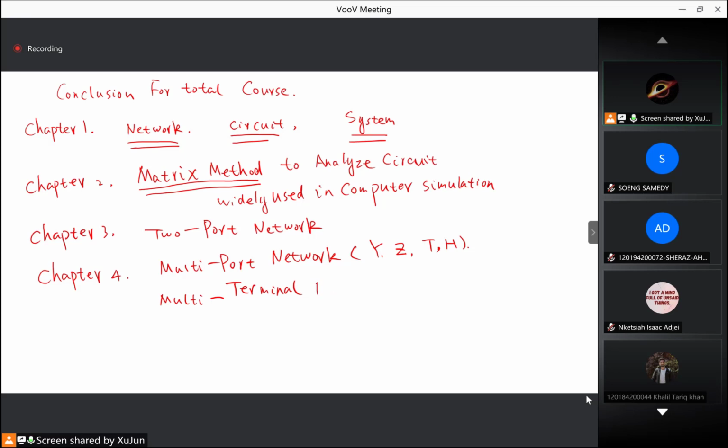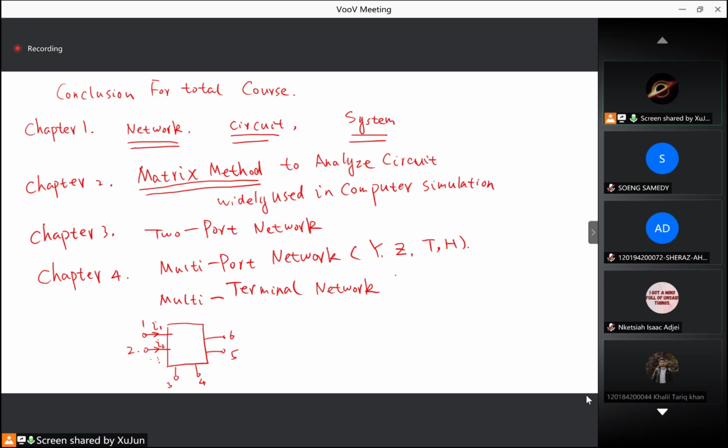When we discuss the multi-terminal network, multi-terminal means the network has terminal 1, terminal 2, 3, 4, 5, 6. Terminals 1 and 2 can't form a port, meaning the current I1 flowing in and I2 flowing in are not necessarily equal. So they are not a port. So it's a common multi-terminal network.